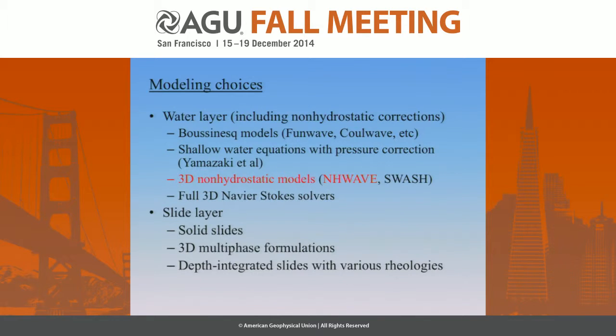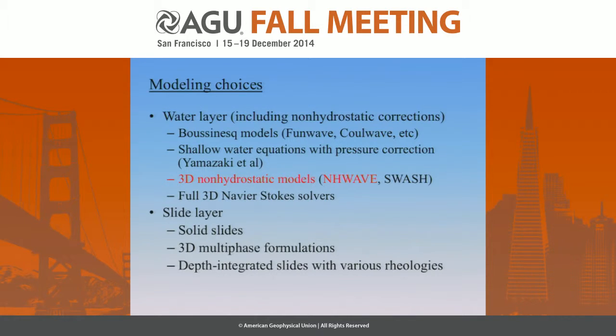As far as the slide layer goes, historically we started off with what I'll call solid slides, and that could be even as primitive as just an imposed bottom motion, or if it's actually modeled as a solid slide, you may actually just be solving the force balance for an object moving on the bottom. At the opposite extreme, I've done some work with 3D multiphase formulations with variable rheology, and that can lead to very computationally expensive situations.